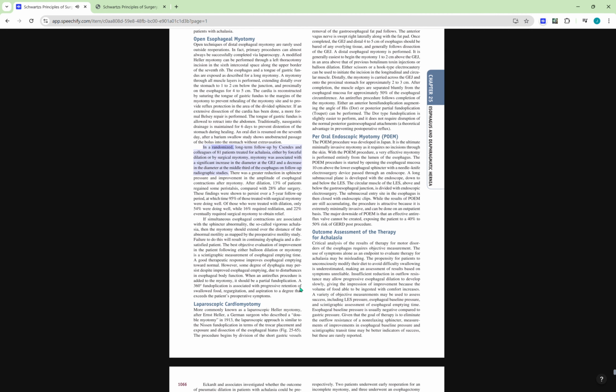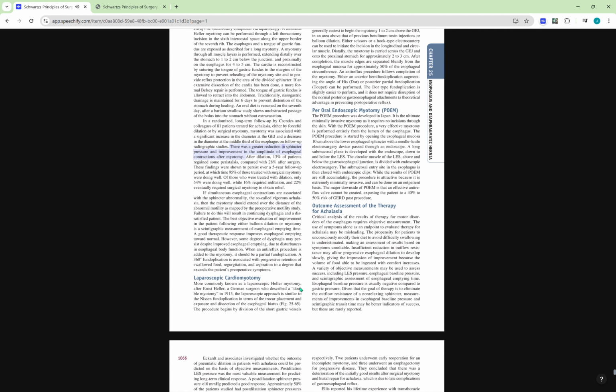In a randomized long-term follow-up by Csendes and colleagues of 81 patients treated for achalasia, either by forceful dilation or by surgical myotomy, myotomy was associated with a significant increase in the diameter at the GEJ and a decrease in the diameter at the middle third of the esophagus on follow-up radiographic studies. There was a greater reduction in sphincter pressure and improvement in the amplitude of esophageal contractions after myotomy.